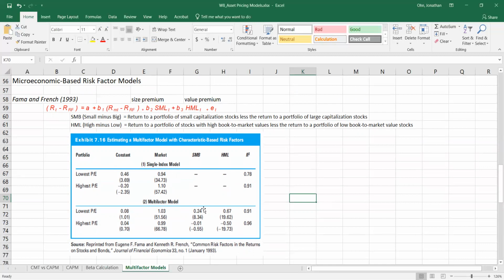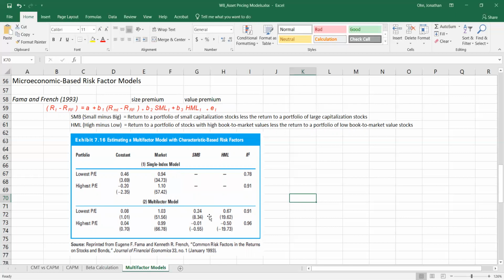They estimated B1 as 1.03 and B2 as 0.24. I told you this 0.24 is the size premium. Do you remember the size factor? Small caps show higher return because small cap is riskier.